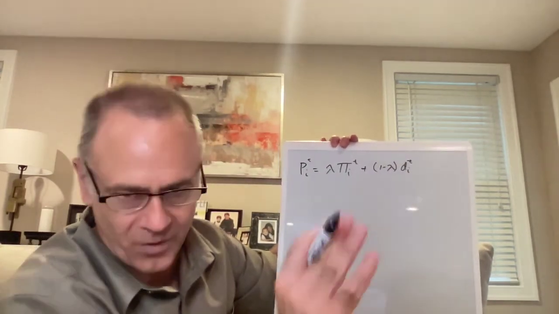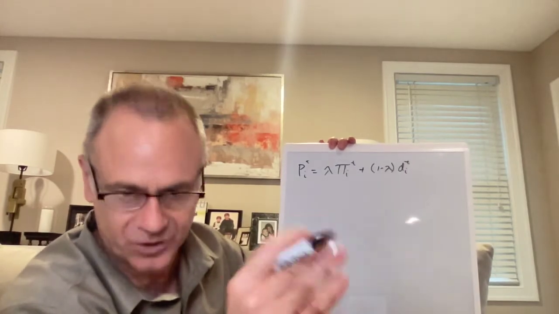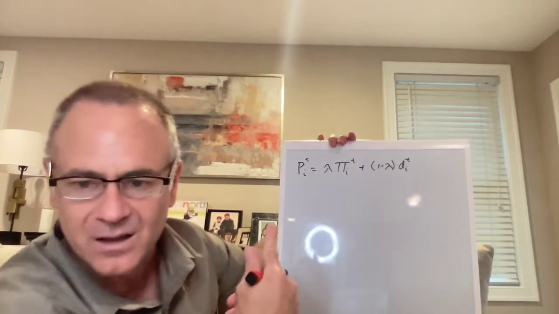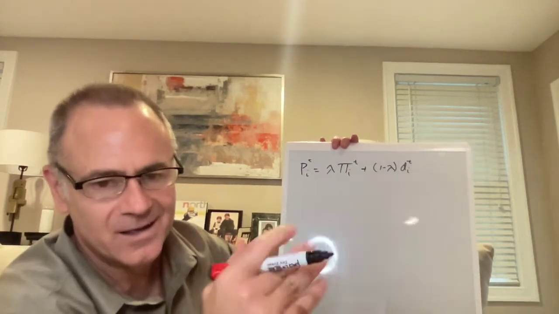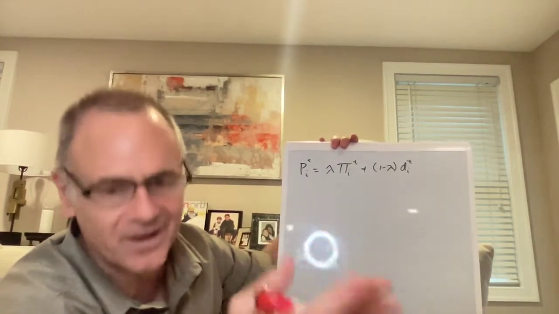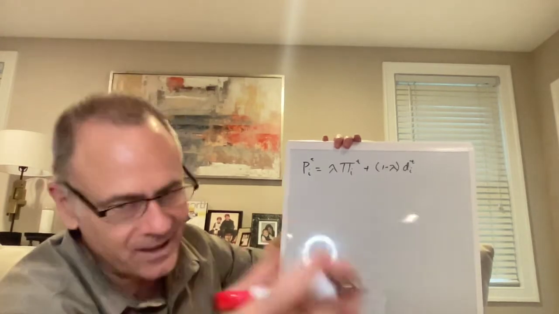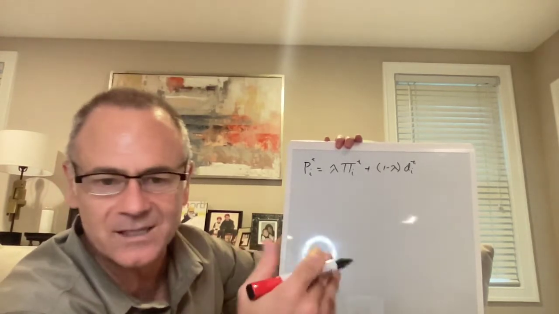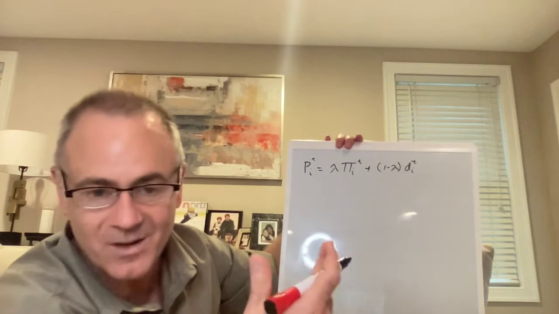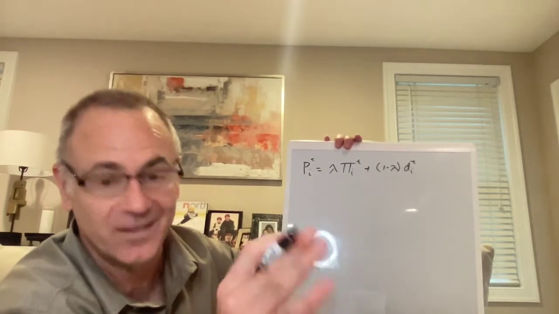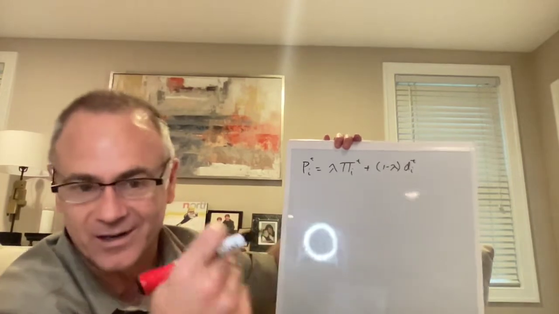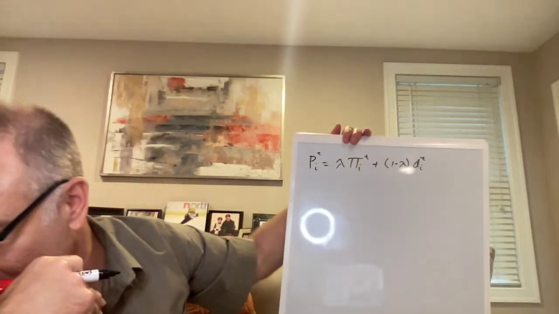Okay. Before they had beta 1 and beta 2, two parameters to estimate. Here they only have one. Lambda is the only one. Remember pi is an independent variable. Even though it's a Greek letter, it's an independent variable. D is also an independent variable. So all you've got to estimate is lambda. And as I suggest, you can do that in a spreadsheet. And that's what you're going to do in your homework. Okay, you're going to estimate the lambda.